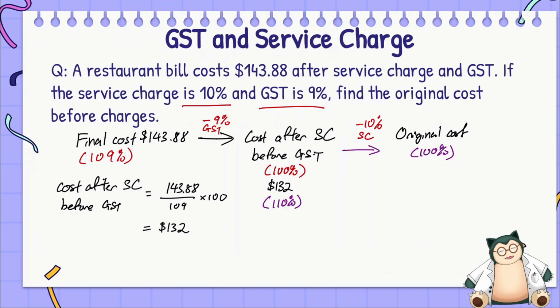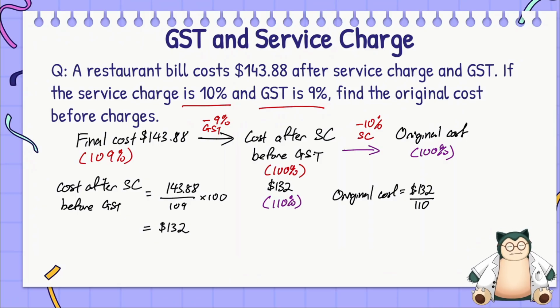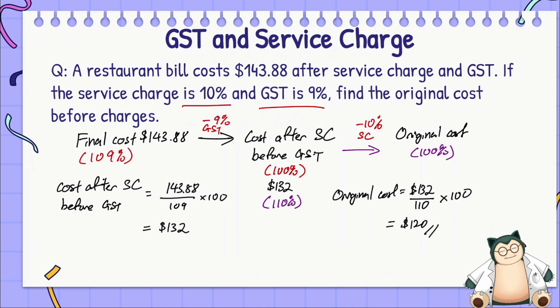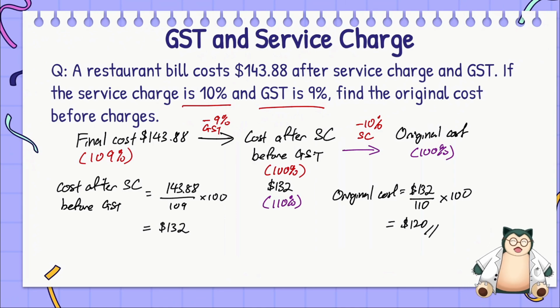Okay, so then our original cost would then be $132 divided by 110 and we multiply it by 100. Okay, and this will give us $120. Okay, so if you get $120, that would be the correct answer.